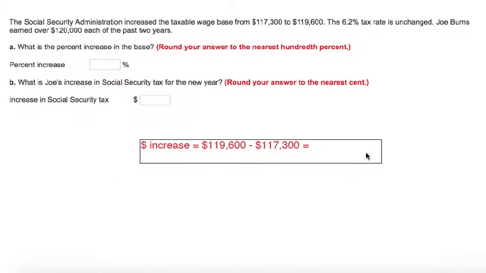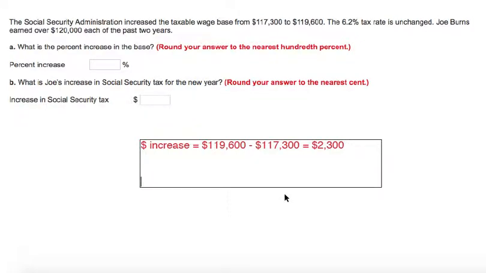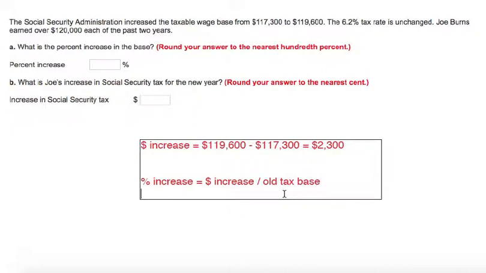So the tax base increased by $2,300. And so the percent increase is the dollar increase divided by the old tax base.